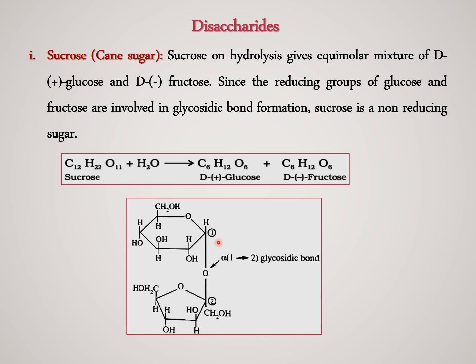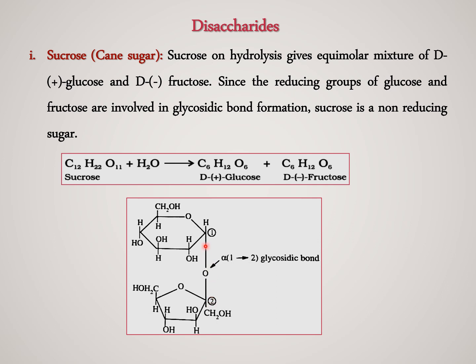No reaction, no reducing property is exhibited, and sucrose is therefore called a non-reducing sugar. That means sucrose cannot reduce Tollens reagent, nor Fehling's solution, because it does not have a free aldehyde or free ketonic group.